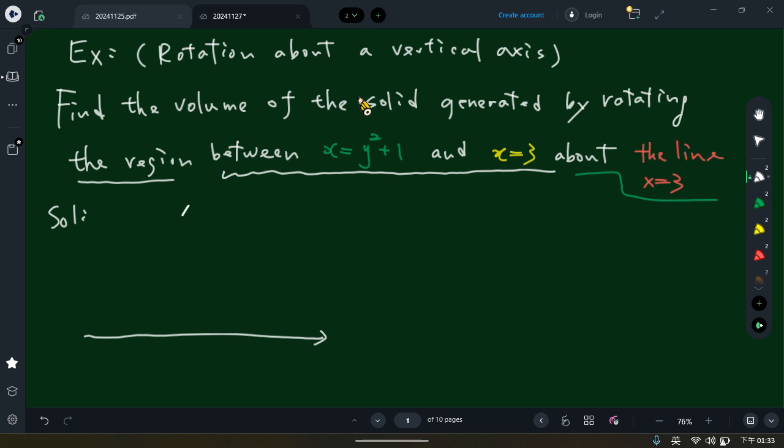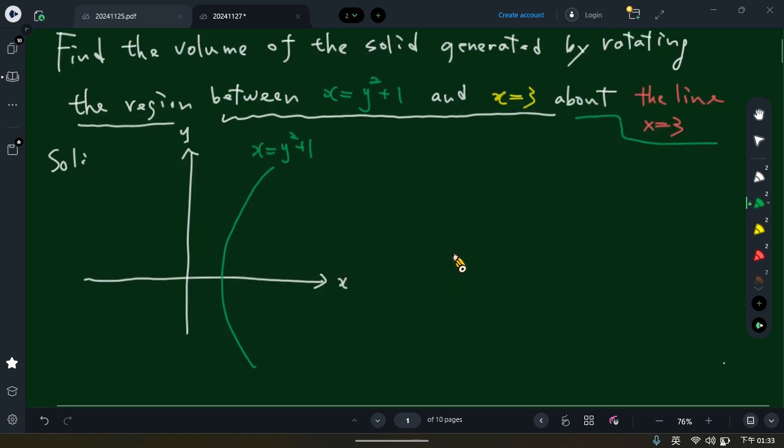If this is the y-axis, then start to draw it. s is equal to y squared plus 1. It's a parabola, and the parabola looks like this one. Right? This is a parabola.